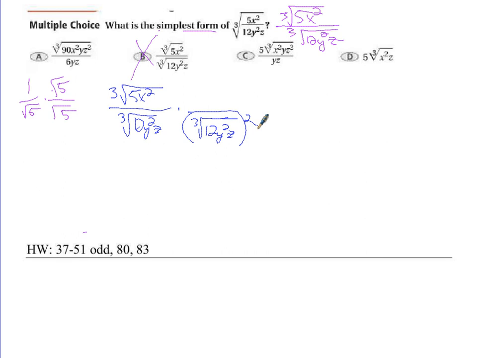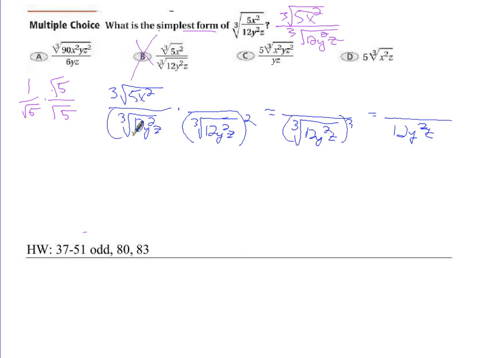So now what I have is this thing squared times the same thing, which gives me that thing to the third power. So I have the cube root of 12y squared z now to the third power. And the third power in the cube root will disappear, and I'm just left with the 12y squared z in the denominator.